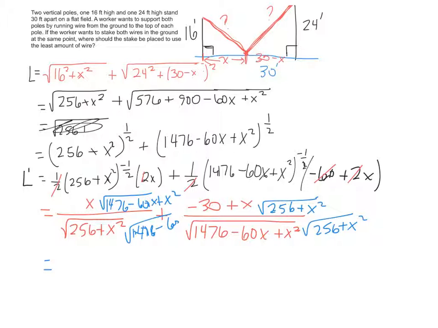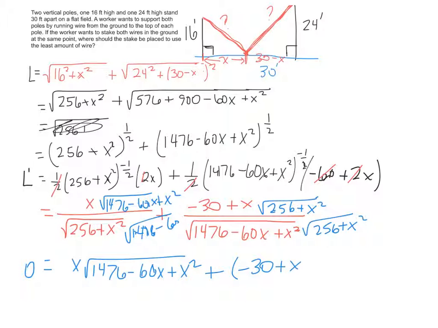So I'm going to want to set this numerator equal to 0. This is 60x plus x squared, and then plus on the other side I have negative 30 plus x times this square root of 256 plus x squared.